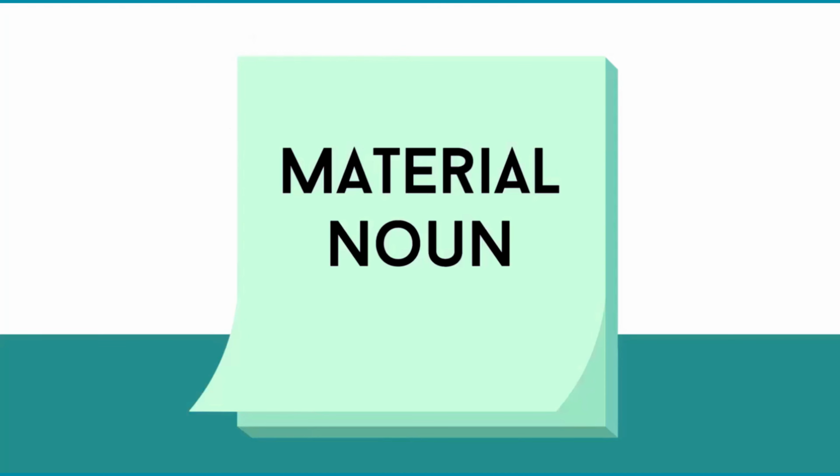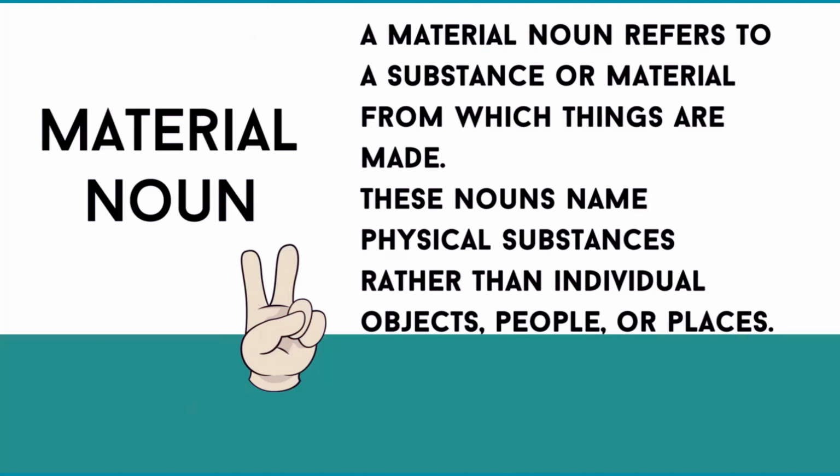With this, we are moving to material noun. Material noun refers to a substance or material from which things are made. These nouns name physical substances rather than individual objects, people, or places.